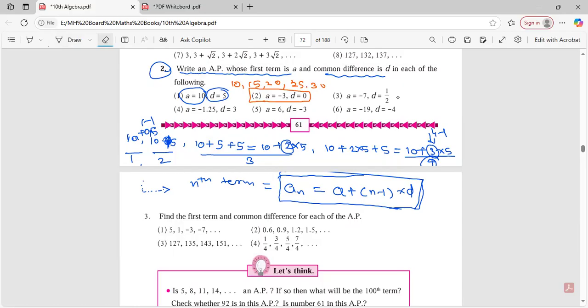For the second question, write down first this formula: nth term of arithmetic progression, an is equal to a plus n minus 1 into d. Then write the first example like this, explanatory, and then the final answer like this.